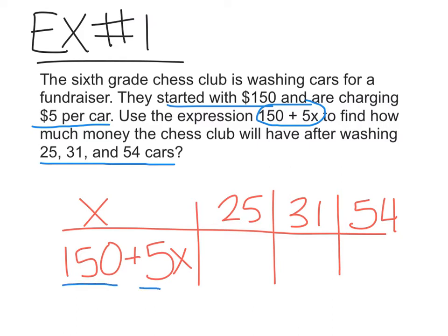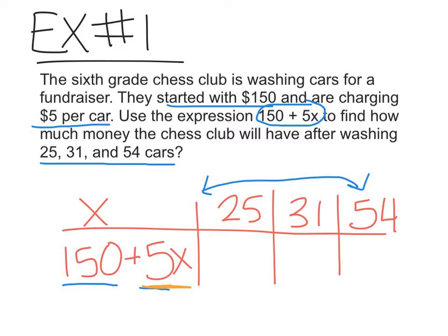Every car is worth $5, and now we're plugging in these numbers for x, because we're going to see how much money they can make if they wash 25 cars, 31 cars, and 54 cars. So we know when we have a number and a letter next to each other like that, it means multiply. So 5x means multiply.